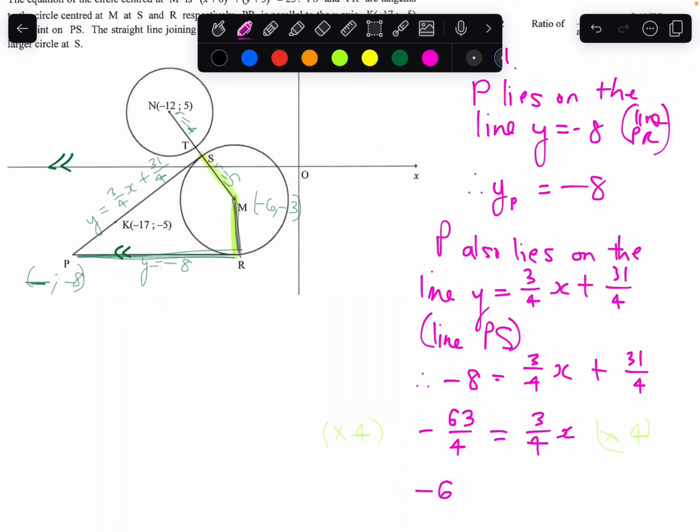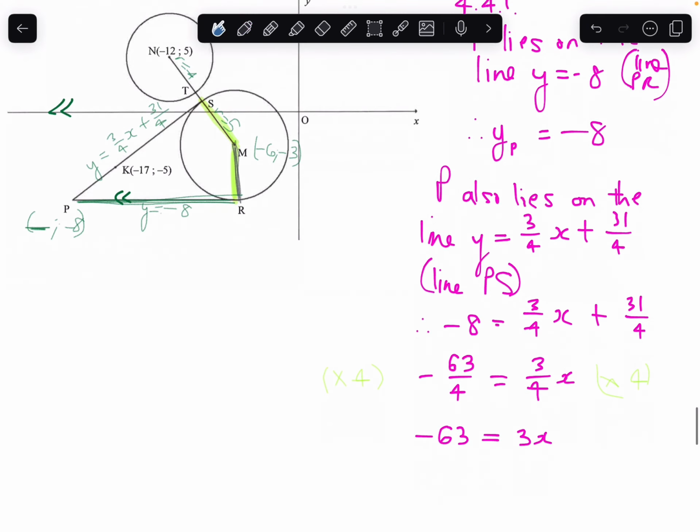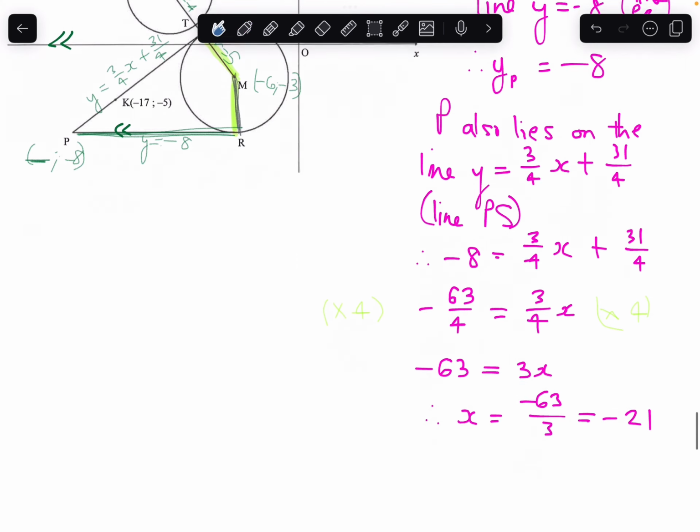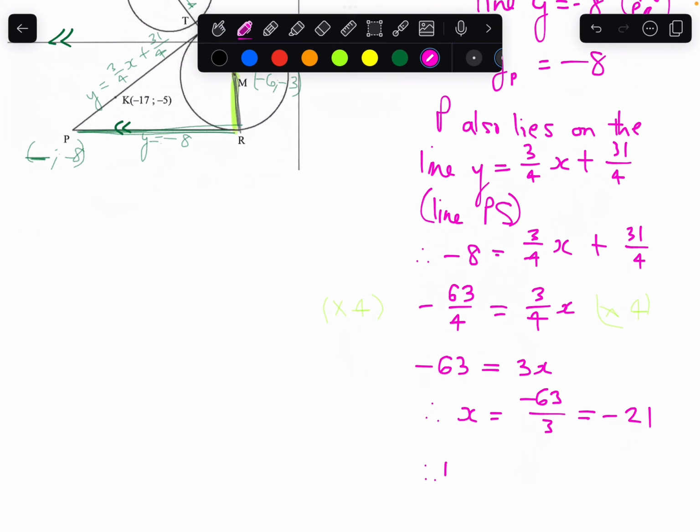So that'll be -63 is equal to 3x. And therefore, x is equal to -63/3, which is -21. Okay, and so we now know that the coordinates of P are -21, -8.